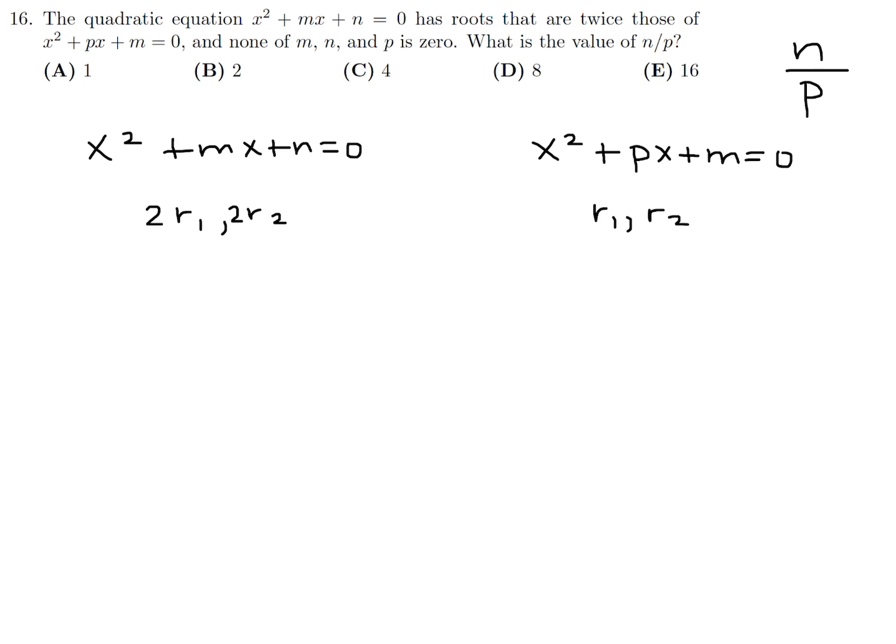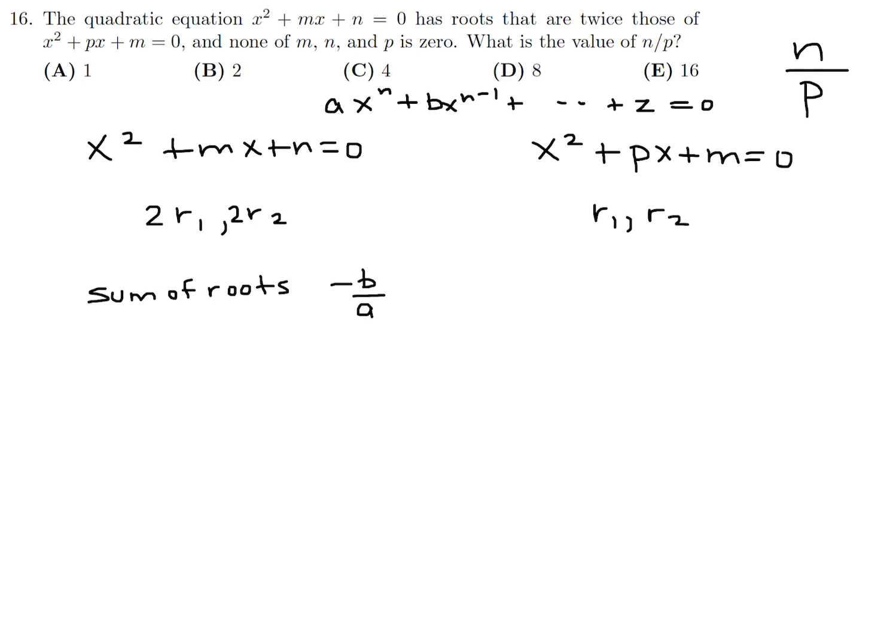Now, we know that the sum of the roots of any quadratic or any polynomial is given by a formula, which is minus b over a. And that's for a standard polynomial a x to the n plus b x to the n minus 1 plus dot dot dot all the way till z equals 0. The sum of the roots is minus b over a.